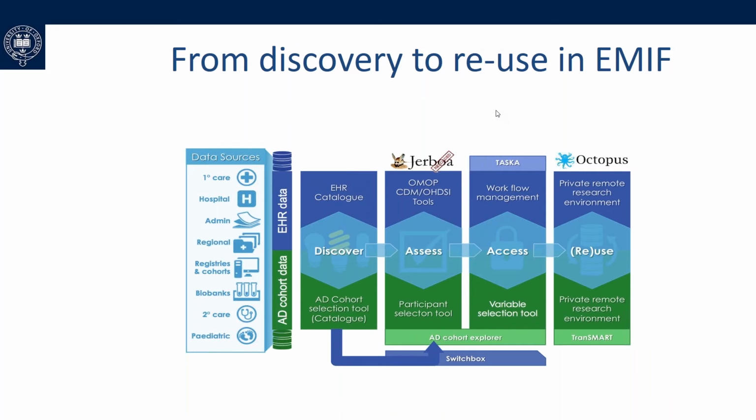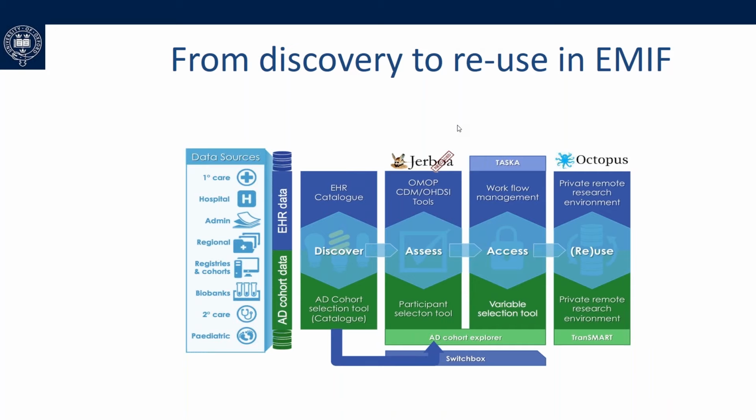It allows you to determine which participants you might be interested in, for which variables, and something called the switch box is a harmonization process that allows you to put together variables from different cohorts and actually aggregate them.